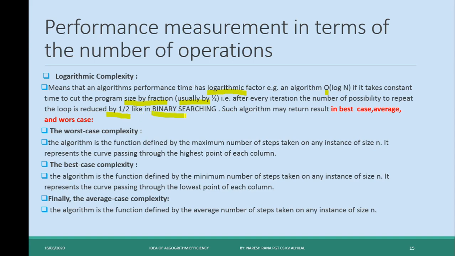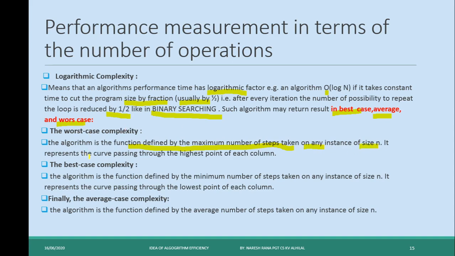So such an algorithm may return the result in the best case, average case and worst case. So let us understand what the worst case is. The worst case complexity of the algorithm is the function defined by the maximum number of steps taken on any instance of size n.